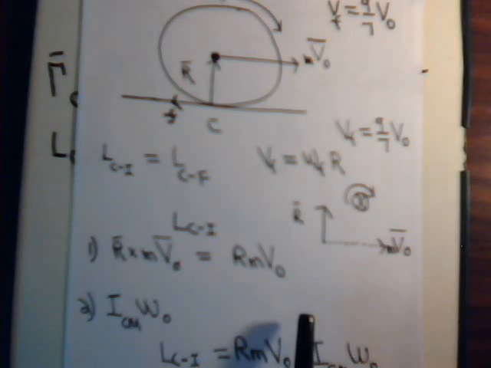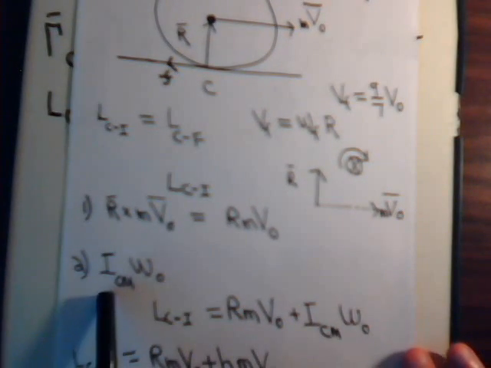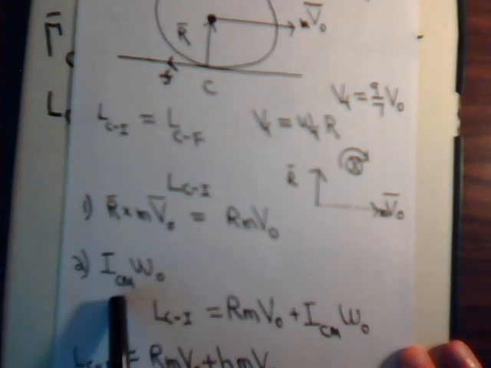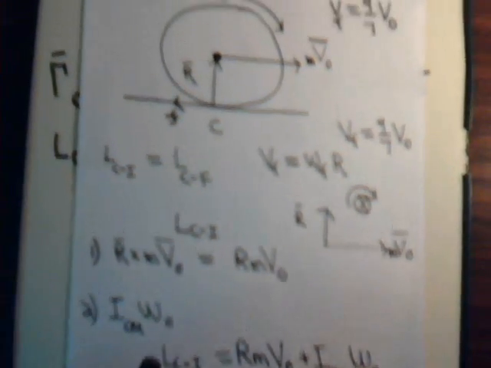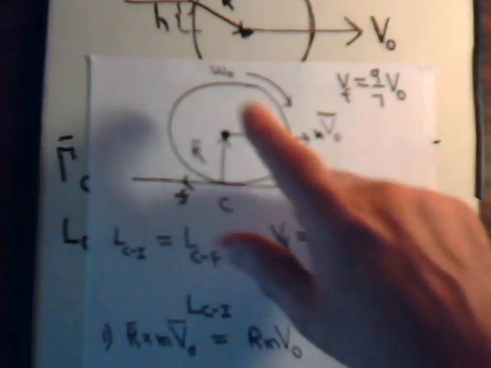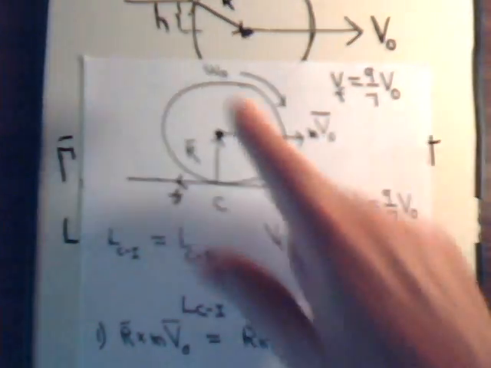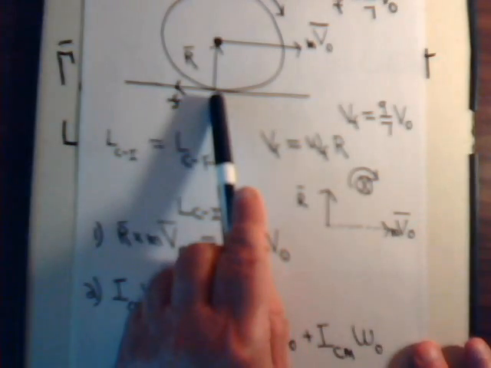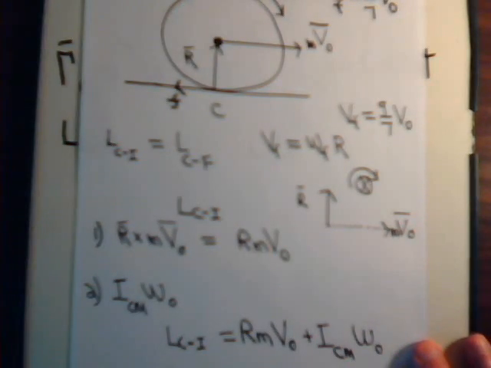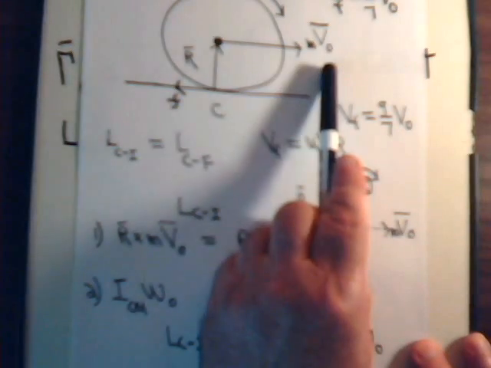And the second component is just the moment of inertia about the center of mass times the angular velocity at that time, which is omega naught.